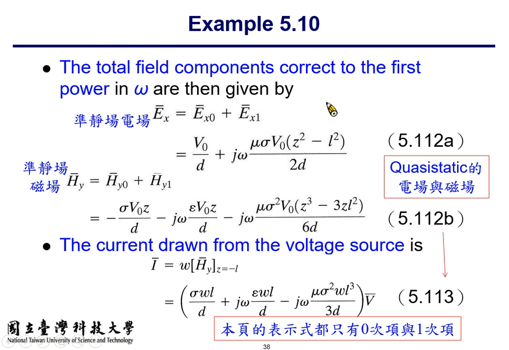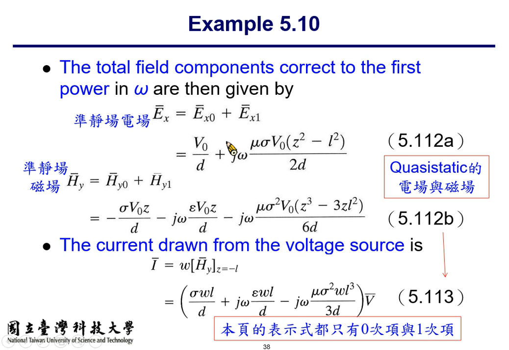So the quasi-static approximation solution for the quasi-static field for this non-ideal structure, that is a capacitive structure with some conductivity, the complete solution can be found in equation 5.112a and b. So you have both electrical field and magnetic field.